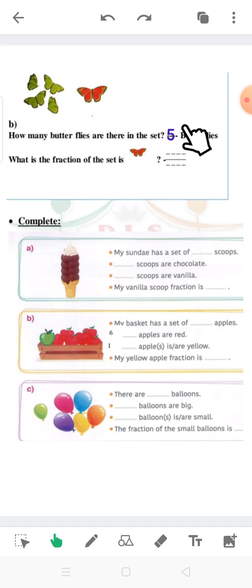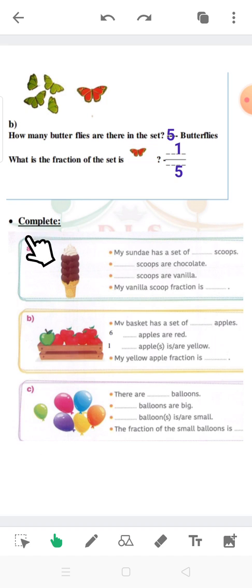How many red do we have? I've got one, only one. All of them, we put in the bottom part or the denominator. So the colored part, the red one, we put in the top. All of the butterflies, we put at the bottom.